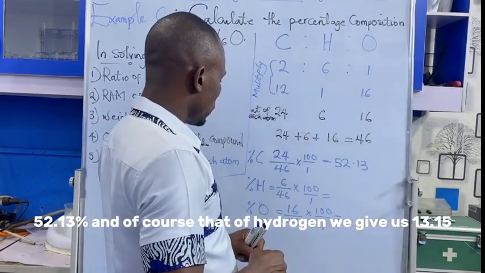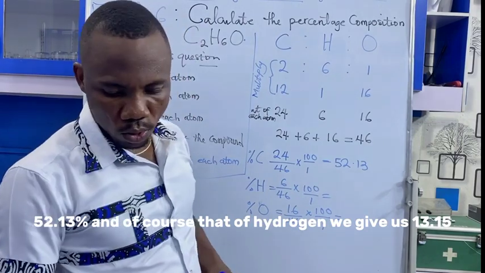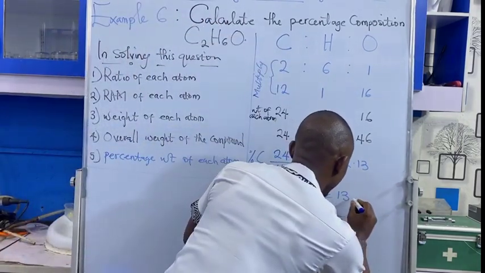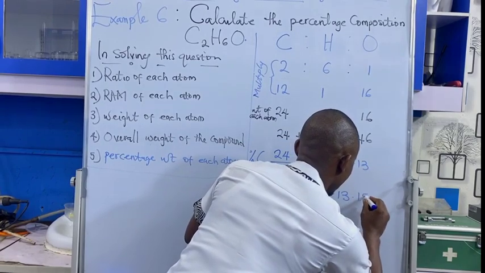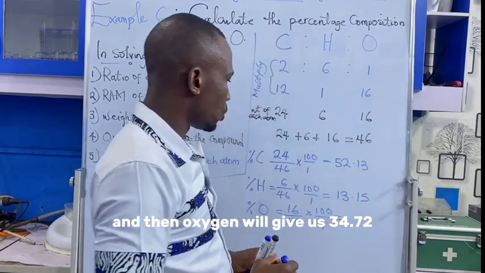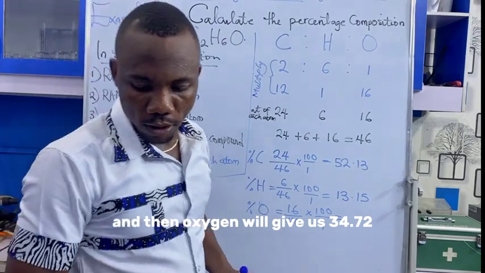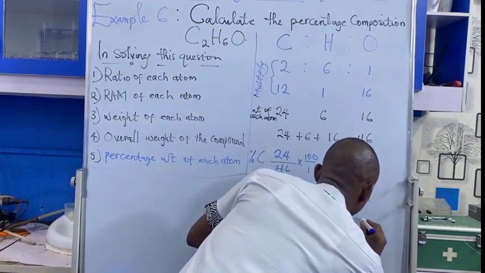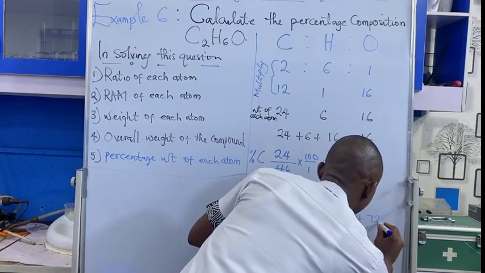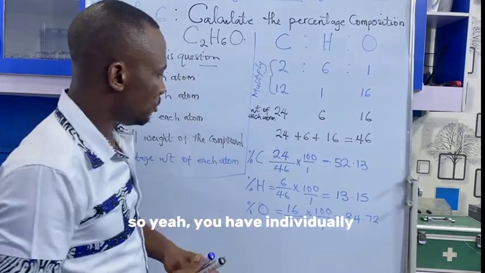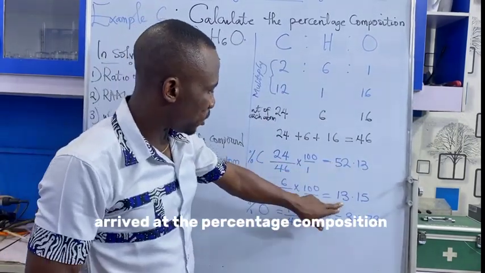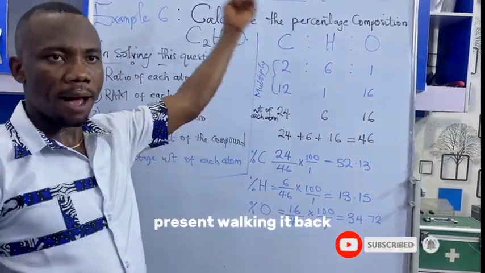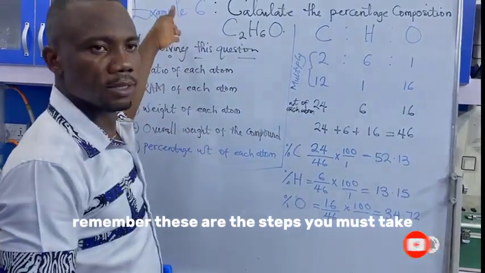And of course, that of hydrogen will give us 13.15, and then oxygen will give us 34.72. So you have individually arrived at the percentage composition of each element present, working it backward. Remember, these are the steps you must take.